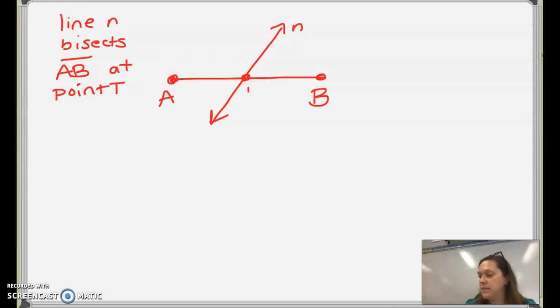Point T. Okay, we're given that AT is 10. I want you to find the length of AB.